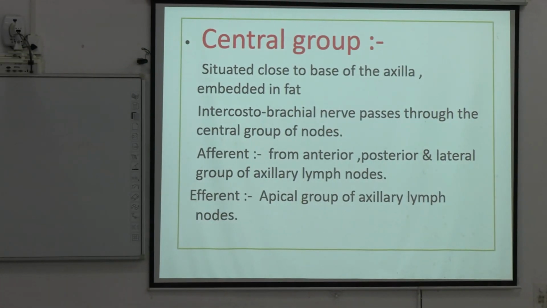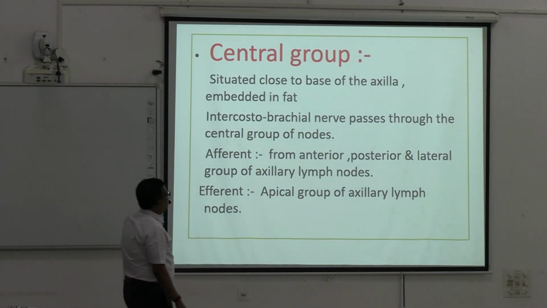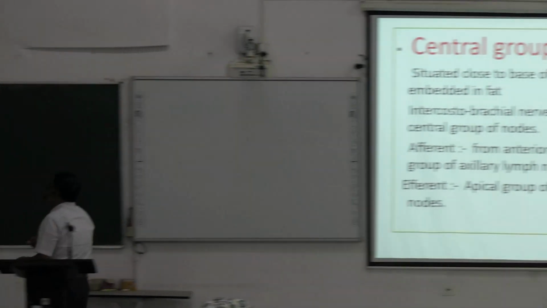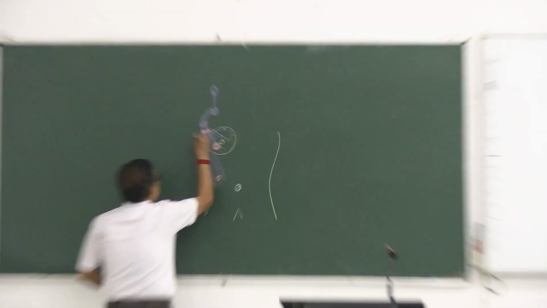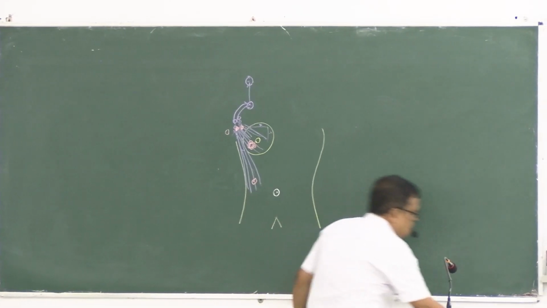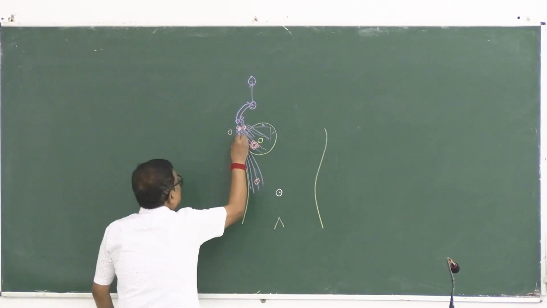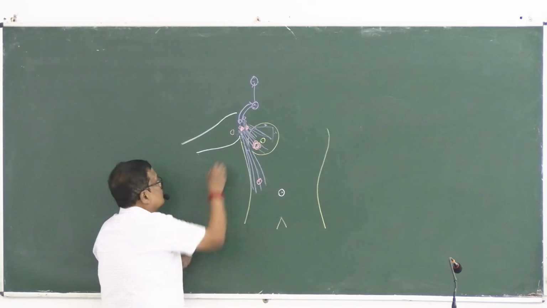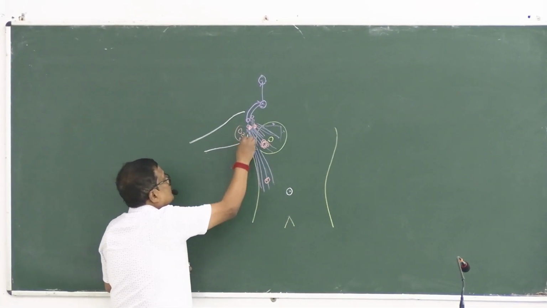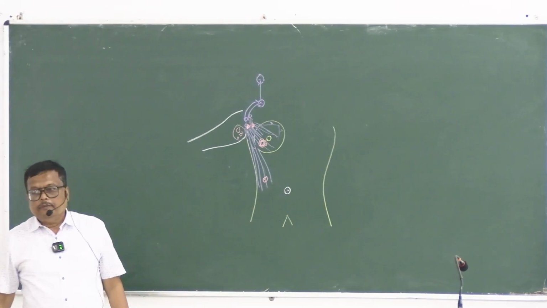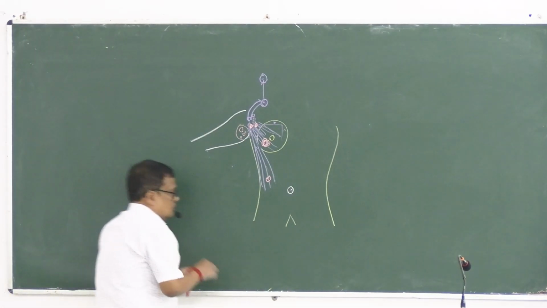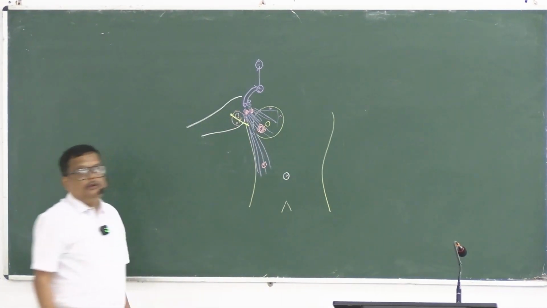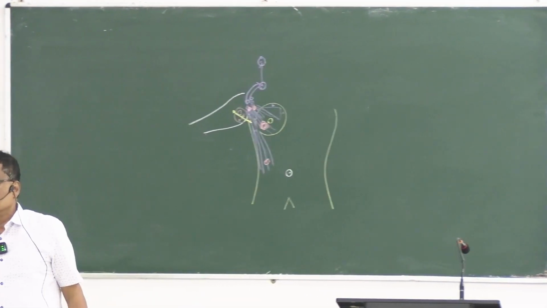One very important applied anatomy question: the intercostobrachial nerve, a branch of the second intercostal nerve, passes through the central group of lymph nodes.